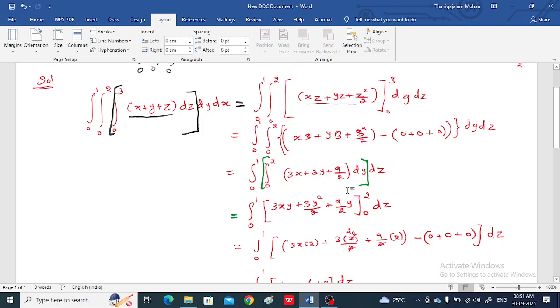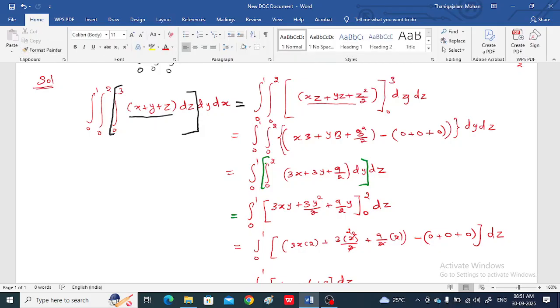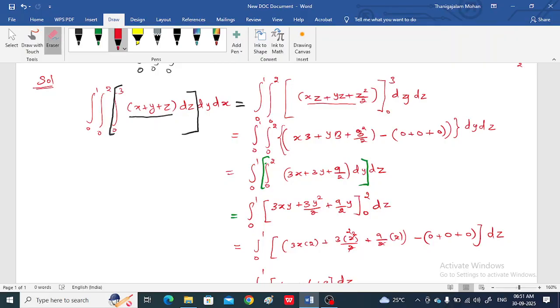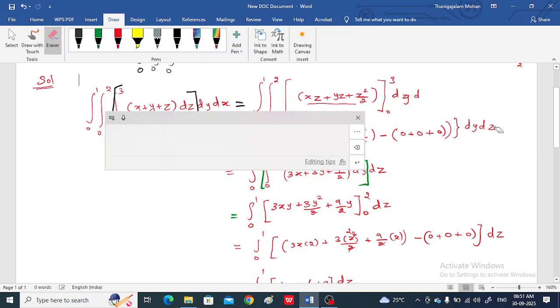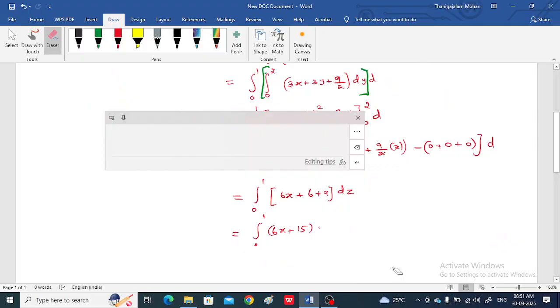I will write the above step as the following: 6x plus 15. Sorry, it is not actually dz, I made a mistake here. I already did my integration with respect to z, therefore here all the things were with respect to x.